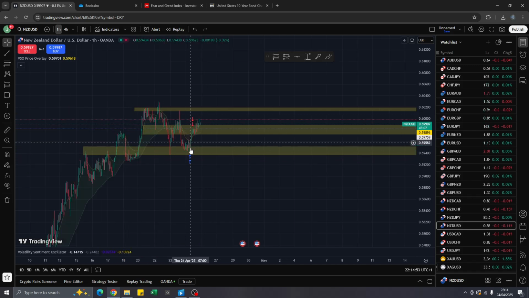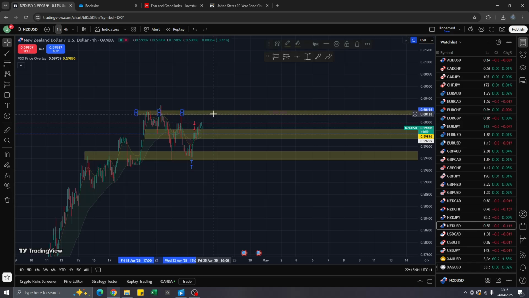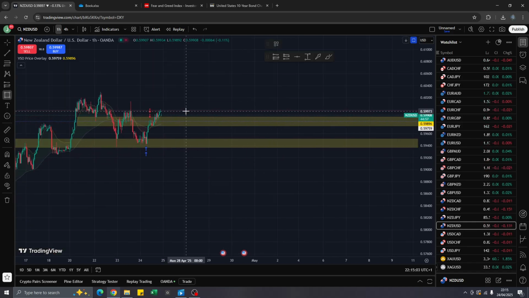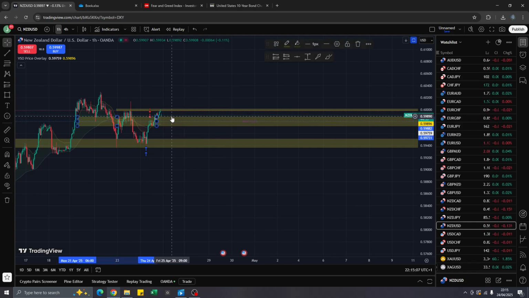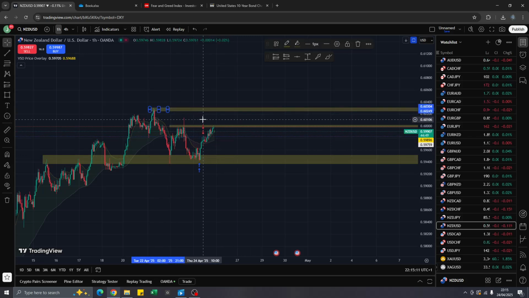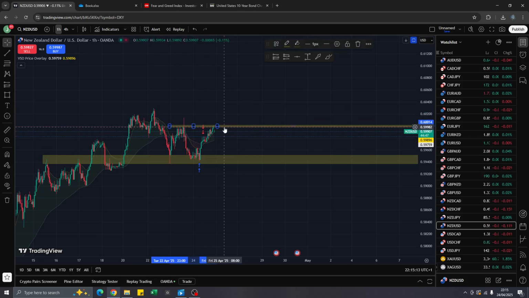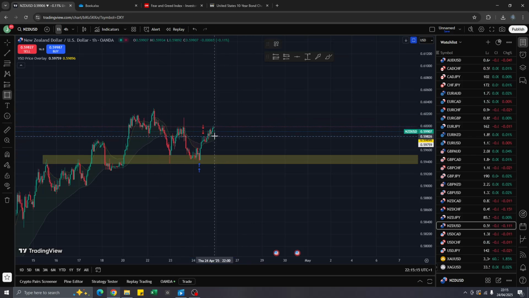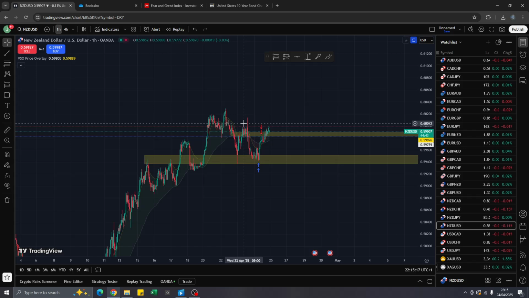You can see I just cut them both off here because I was deciding how I want to do my strategy, but I think I'm just going to focus on one level, because that could be a new level. And if I was making a trade now, I'd probably go for that. I wouldn't really care about that. So that's why I'm just going to go for one level from now on. But yeah, there you go.